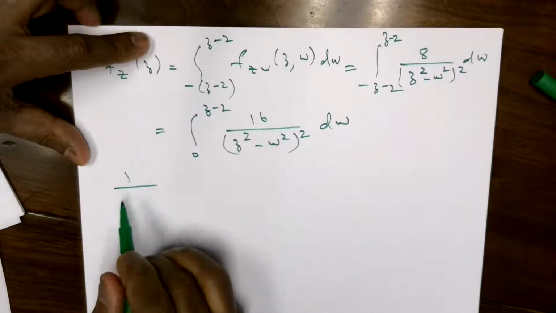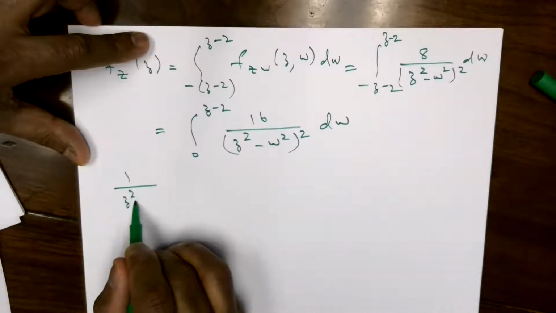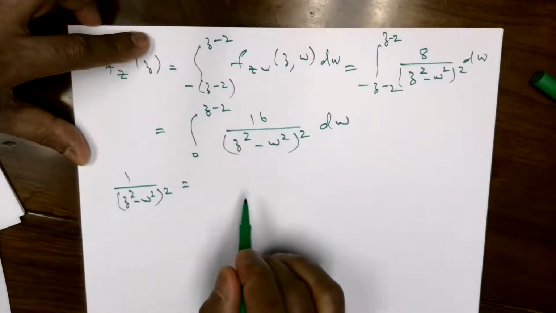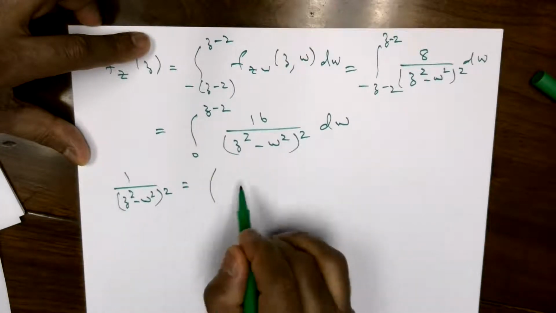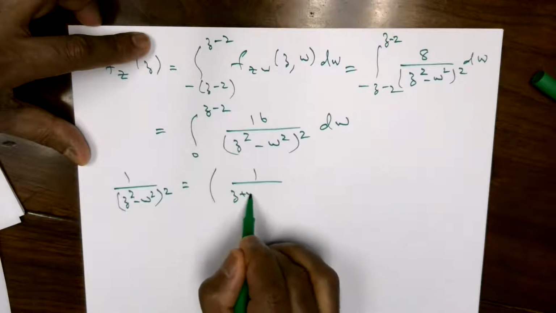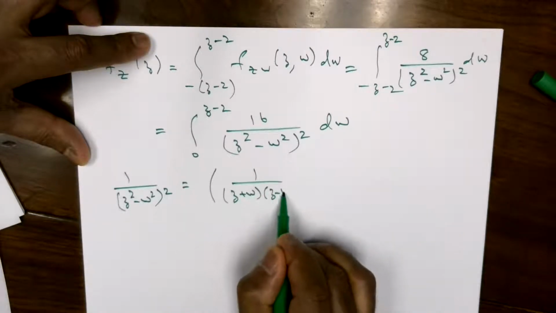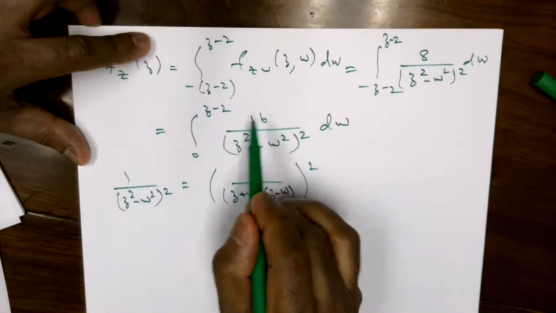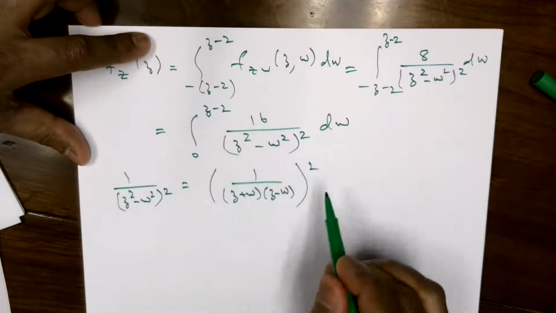There are many ways you can do this. I'm going to do a partial fraction. It's easy to show a partial fraction here. So notice that the inside you can write as z plus w multiplied by z minus w, the whole squared. I'll take care of the constant later, but this gives us ideas.